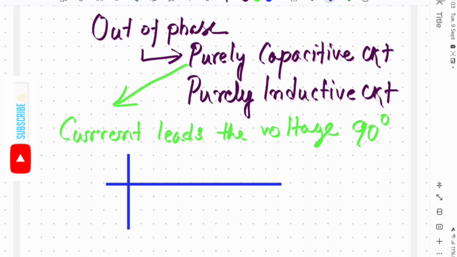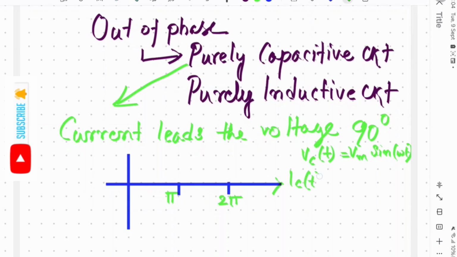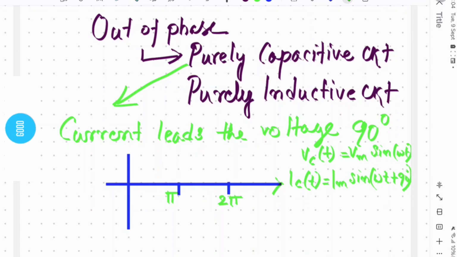If we draw the waveform, suppose this is pi, this is 2 pi. So we can write Vc(t) as Vm sin omega t, and Ic(t) can be written as Im sin(omega t plus 90 degrees).